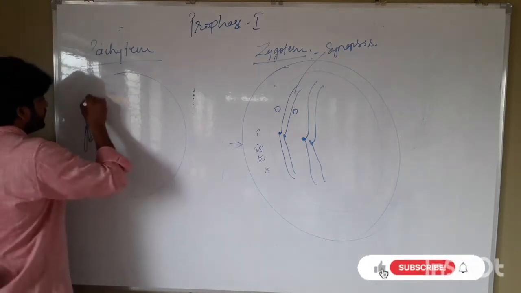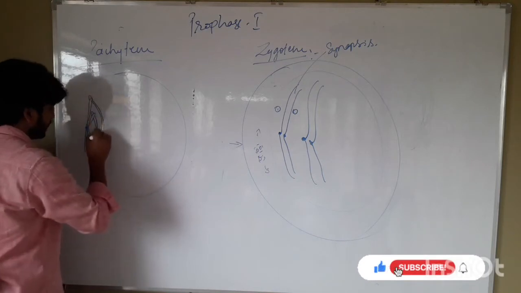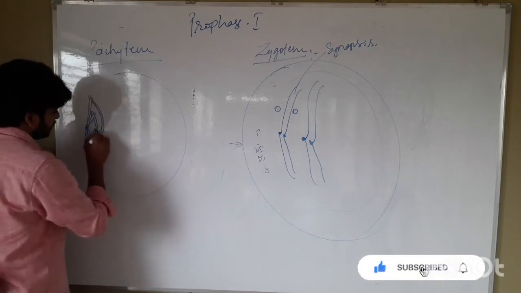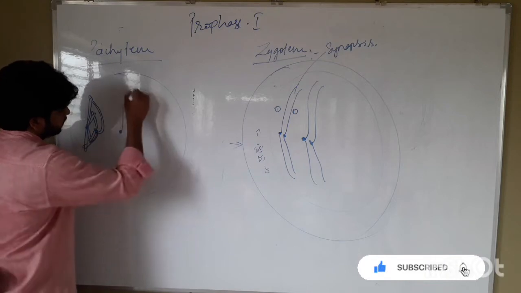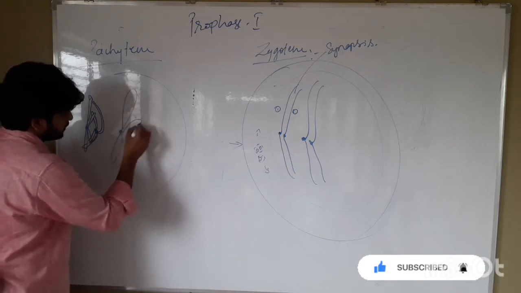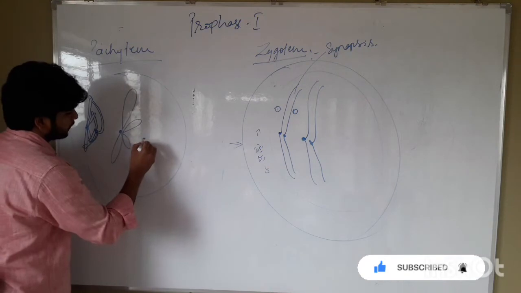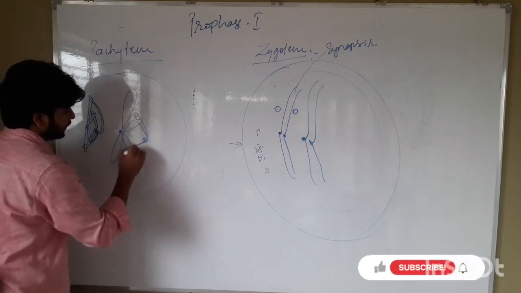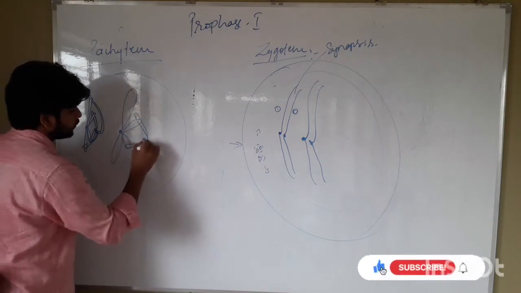They undergo genetic crossing over and recombination.